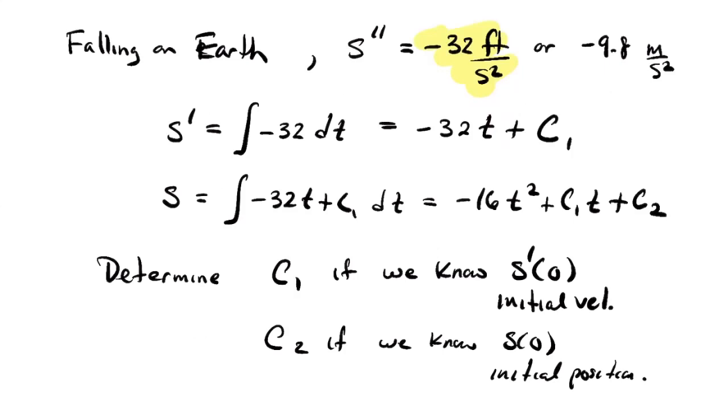And hopefully this all sounds familiar. This is stuff you did in Calculus 1. You can recover the location of a falling object if you know its initial velocity and its initial position. And this quadratic equation should probably look pretty good. So this solution to this differential equation looks pretty familiar to you.